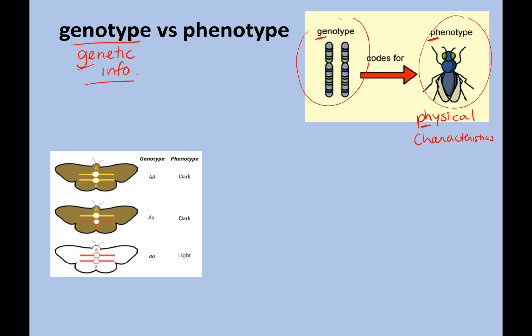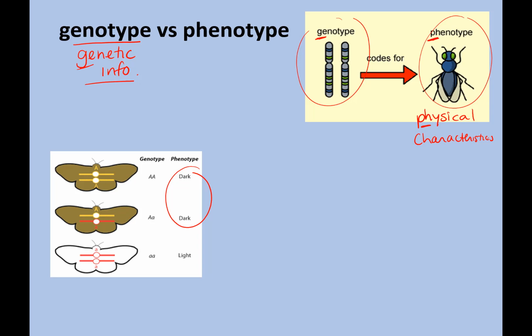So just keep this physical with phenotype. Genotype is your genetics, right? So we represent genotypes with those allele letters, like big A, little a. We represent phenotype with descriptive words, like blue eyes, brown eyes. What I want you to make sure you understand is that you cannot tell genotype necessarily from phenotype.